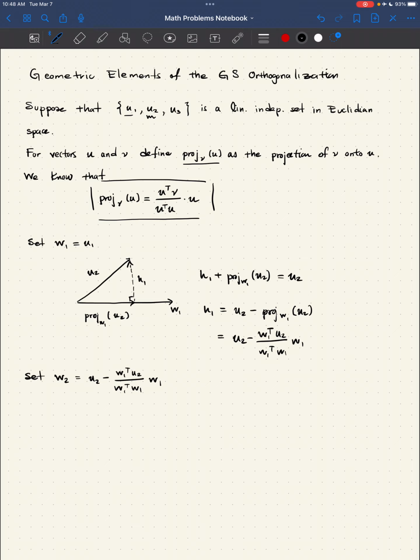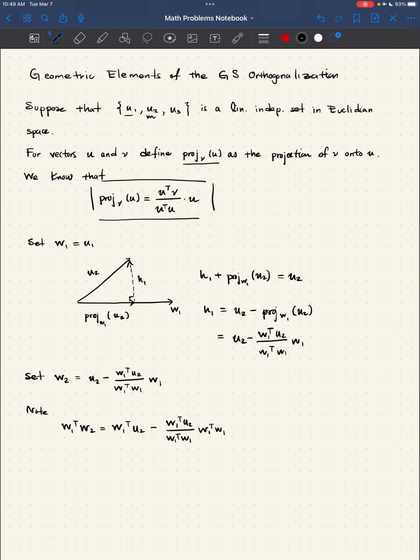Now what I'm going to do is check that indeed this vector W2 is orthogonal to W1. To do that, I'm going to multiply it on the left by the transpose of W1, to get something like this. Note that W1 transpose W2 is W1 transpose U2 minus W1 transpose U2 over W1 transpose W1, times W1 transpose W1. Why is this?